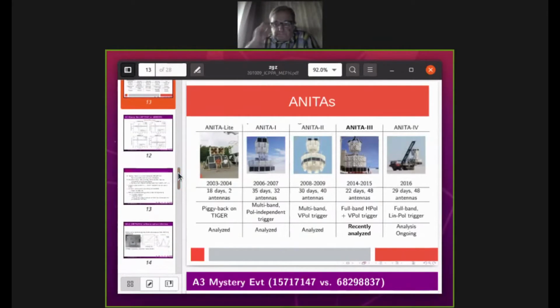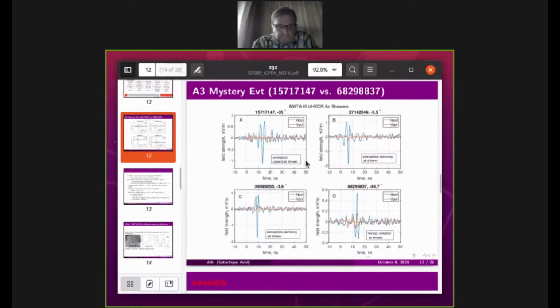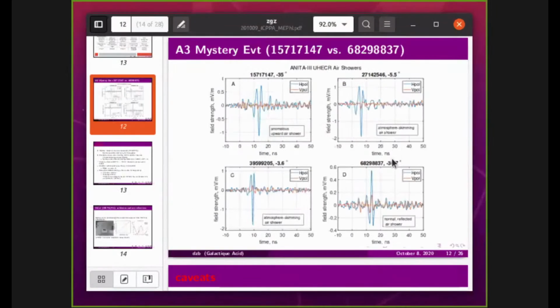So perhaps the most interesting thing that has been generated by the Anita flights is illustrated here. What's shown here are a series of waveform captures. And what you see here are, for instance, in the upper left, a standard ultra high energy cosmic ray signal.